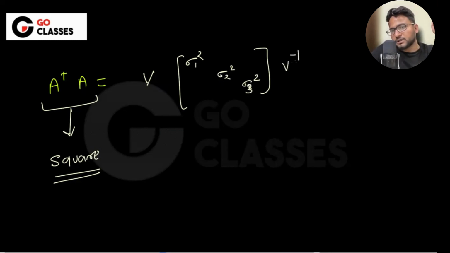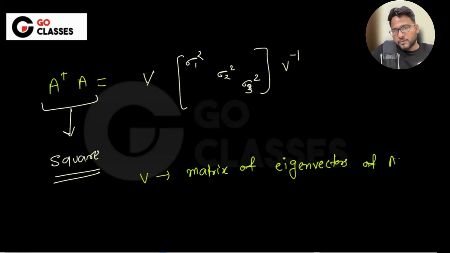V transpose or V inverse doesn't matter, right? This is eigenvalue decomposition. And then, if you want to find out the V, then it is the matrix of eigenvectors of A transpose A. If you want to find out the sigma, then A is U sigma V transpose, right?